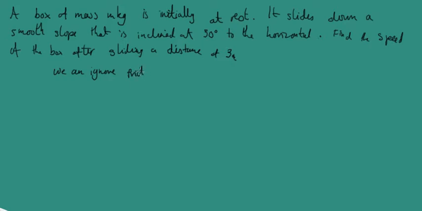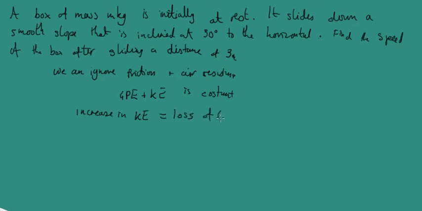So we can ignore friction because it states it's a smooth slope, and air resistance. So the gravitational potential energy plus the kinetic energy is constant. So the increase in kinetic energy is going to equal the loss of gravitational potential energy.